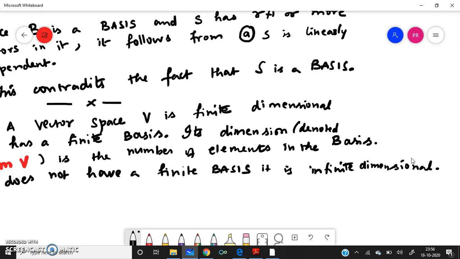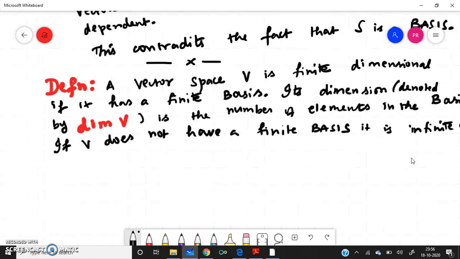How many elements are there in the basis? That gives you the dimension of that particular vector space. If infinite elements are there, then we call it infinite dimensional. A vector space V is finite dimensional if it has a finite basis. Its dimension, denoted by dim of V, is the number of elements in the basis. If it has an infinite number of elements, it is said to be infinite dimensional.